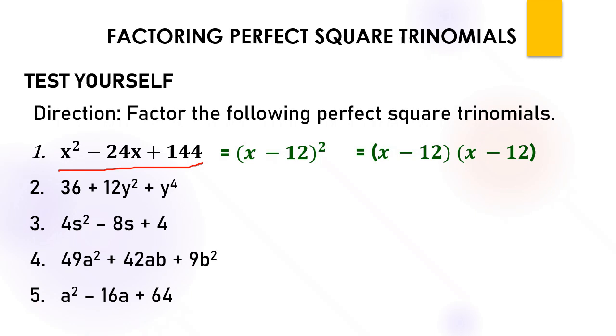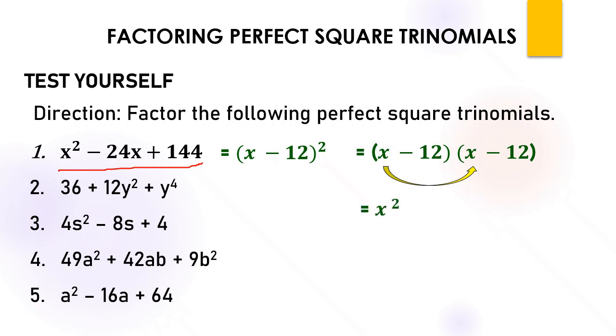So x minus 12 times x minus 12. Using the FOIL technique, let us multiply these two binomials. Let us multiply the first terms, x times x, so that will give us x squared.